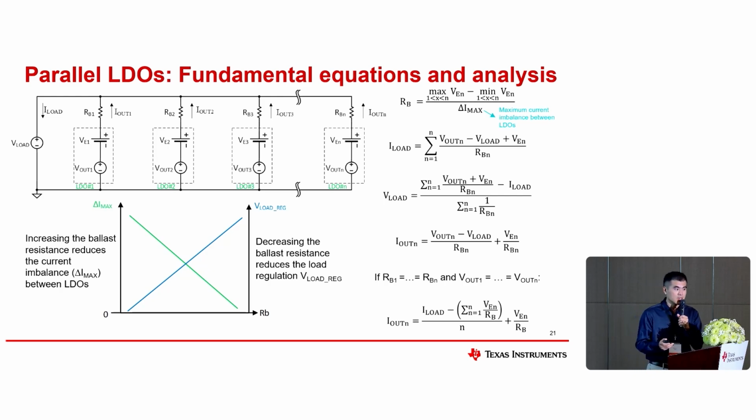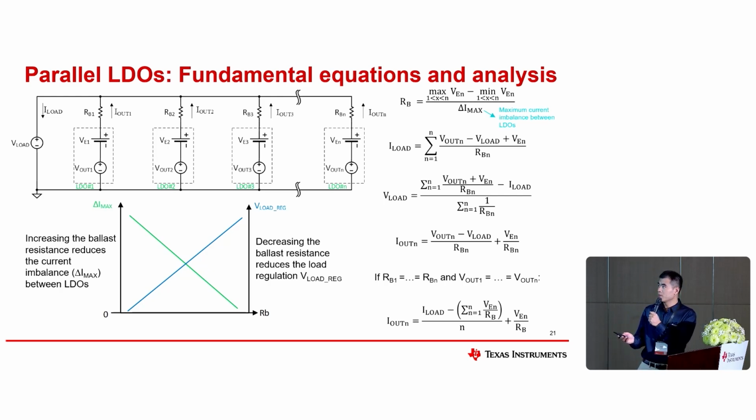If we use KVL and KCL, we can easily get the equation here, with the only assumption being the same ballast resistor. It makes our design a lot easier.